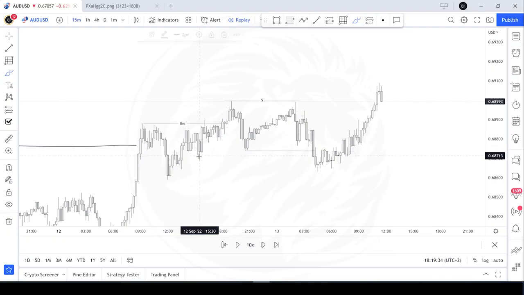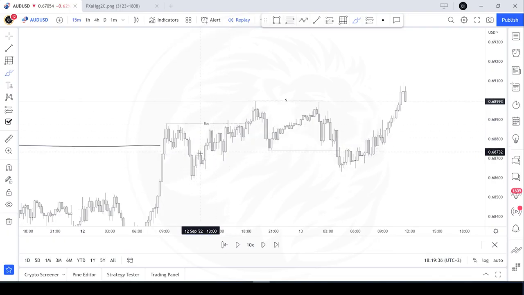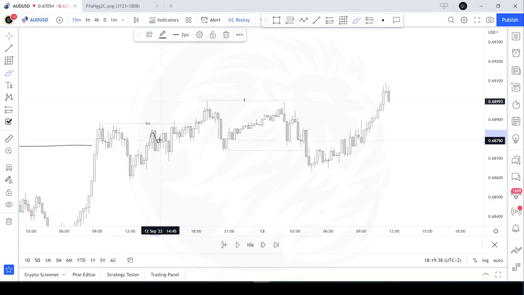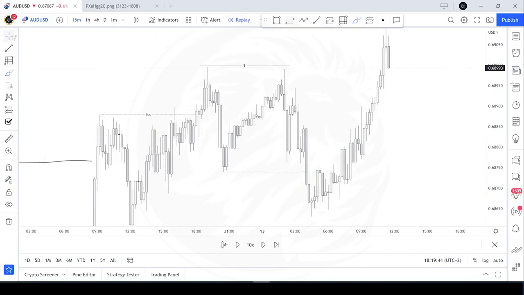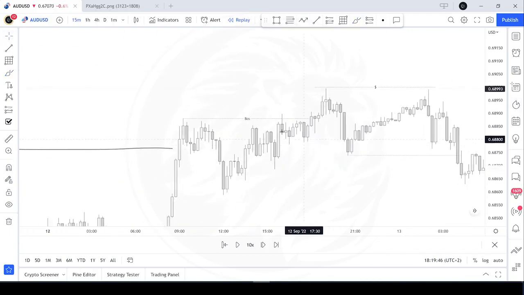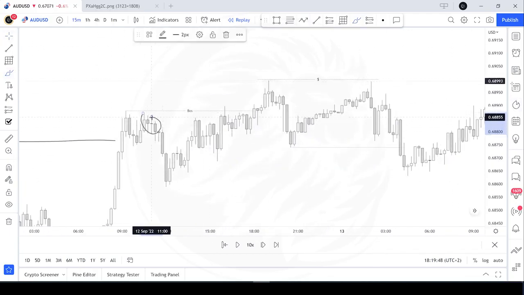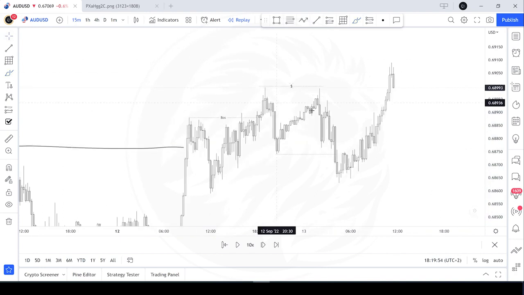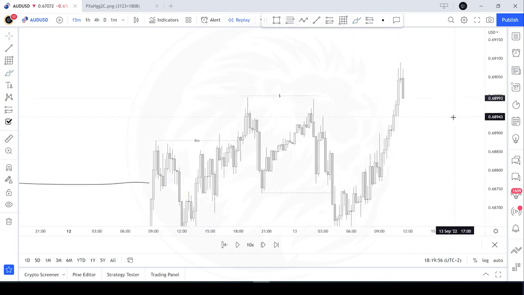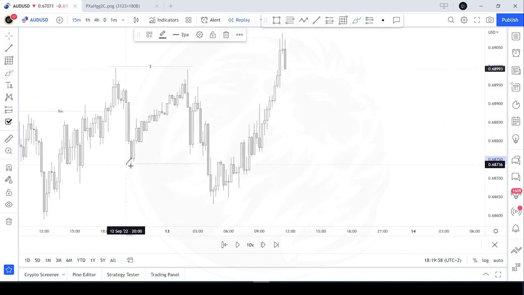Surely here price goes up, so it's great, but price could have done this sweep and then gone up. So here is an example of when price just comes back after the break without sweeping the low. But here is the example when price is sweeping the low to use it as liquidity.